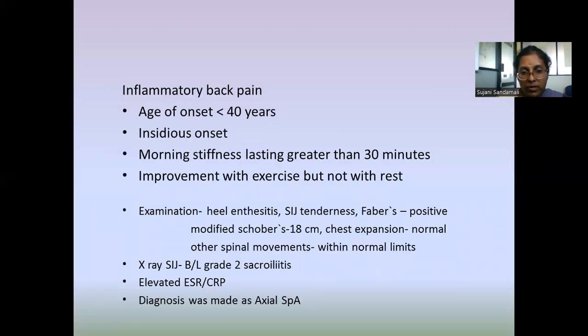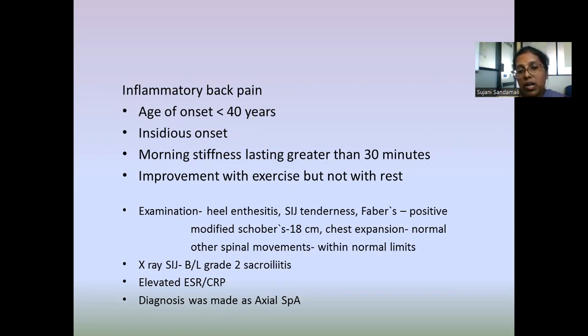So here, our patient had features of inflammatory backache, the young age, and insidious onset. There is significant morning stiffness and improvement of pain with exercise, and she experiences pain with rest.